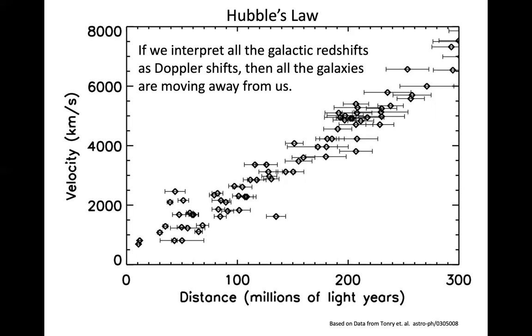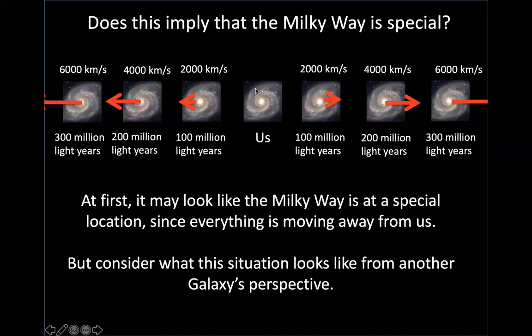Now, at first, this might look unlikely because it implies the Milky Way galaxy, the galaxy we are currently in, is a special galaxy, that basically all of the other galaxies are trying to get away from us, and those further away are moving away from us at higher speed. That seems to imply we're in some sort of special location relative to other galaxies which are moving away from us.